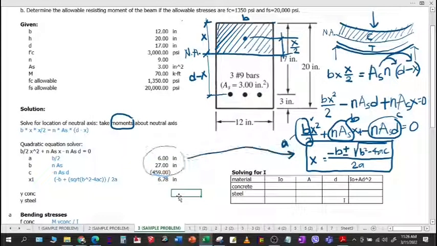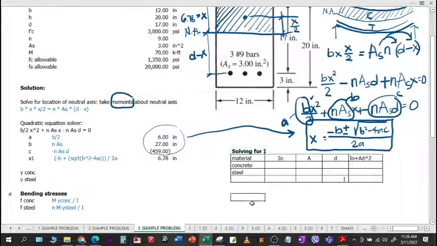And that will be the value of your x. Okay? So that is how to locate the neutral axis. Now, after locating the neutral axis, the next step is to solve for I. Okay? Solve for I.